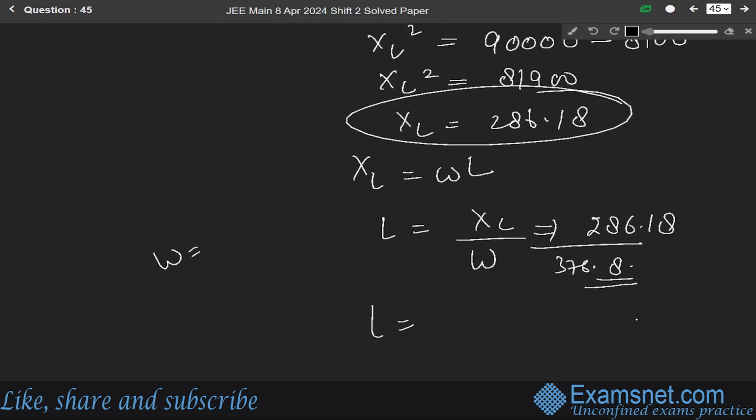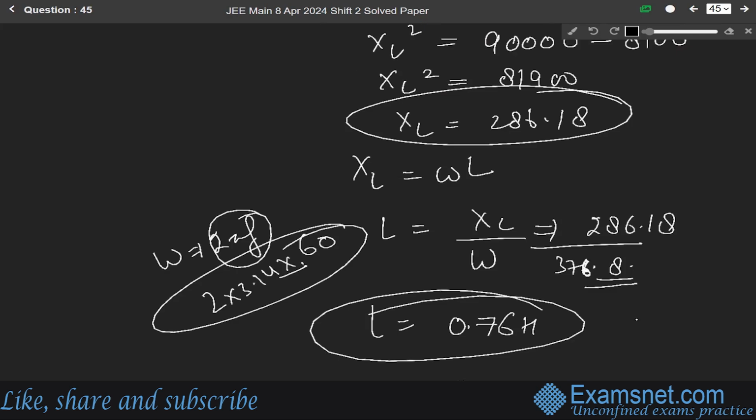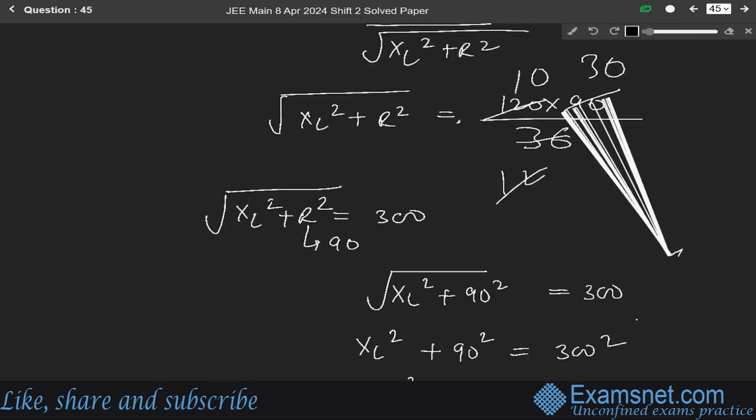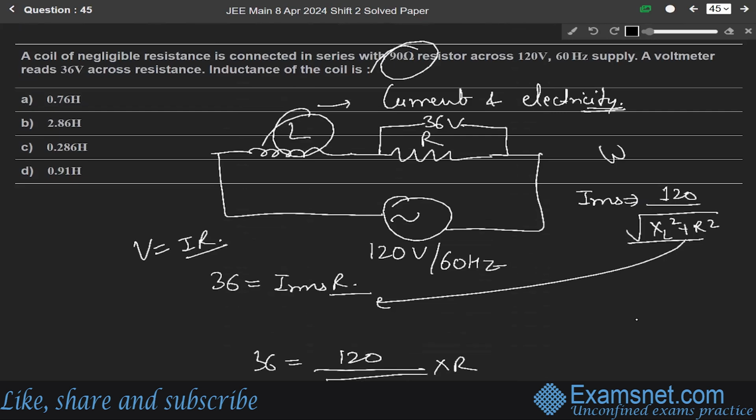Since we know that omega is 2 pi f, so 2 into 3.14 into f. Frequency is given as 60 hertz, so that's why we have written 376.8 here. So solving it, we get L equals 0.76 Henry. Okay. So from the above 4 options, option 1, that is 0.76 Henry, is the correct answer.